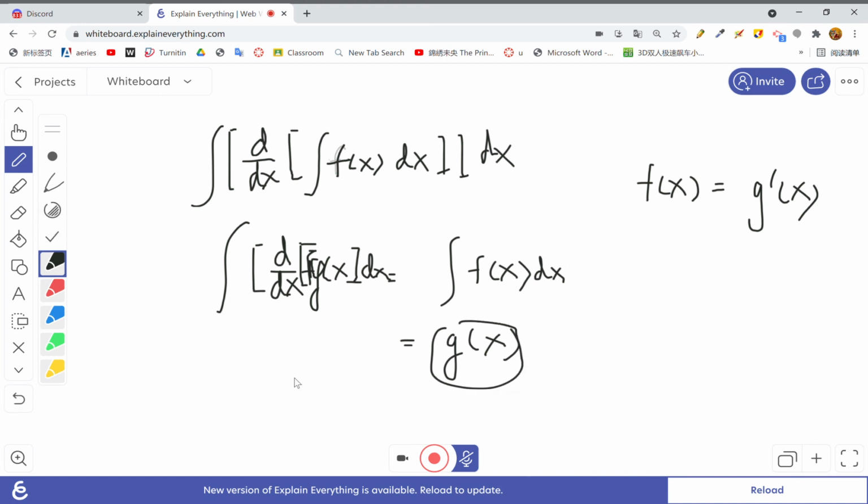So that sounds pretty simple, right? You can say that these two cancel out, because you take the antiderivative of the derivative and get basically the original one.